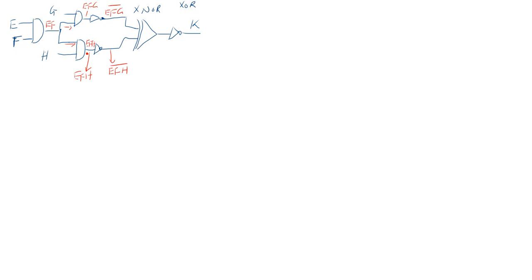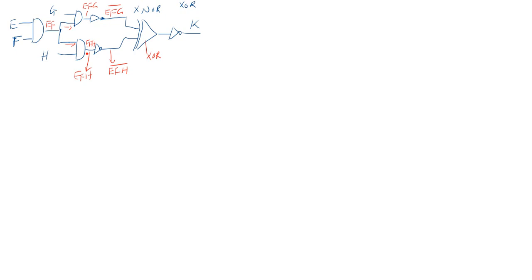Then these negated expressions are taken inside an XOR gate. When we don't have a bubble, it is called XOR. So this is an XOR. When we have the bubble is when we have an XNOR gate.